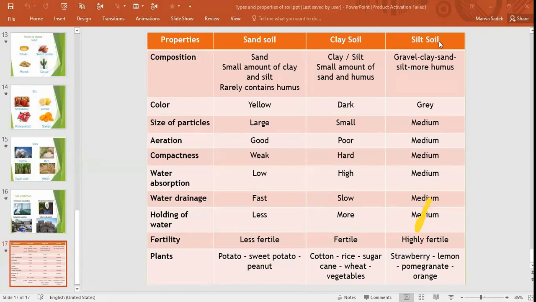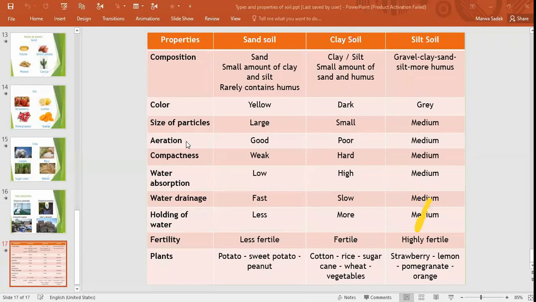Silt contains the same amount of gravel, clay, sand, silt, and more humus. What about the color? The color of sand is yellow, clay dark, silt gray. The size of particles of sand is large, clay small, silt medium.